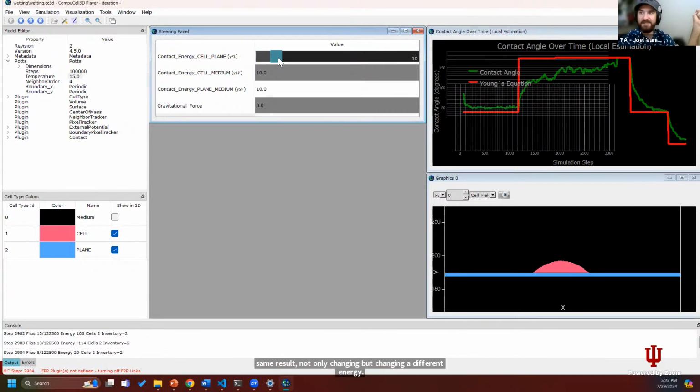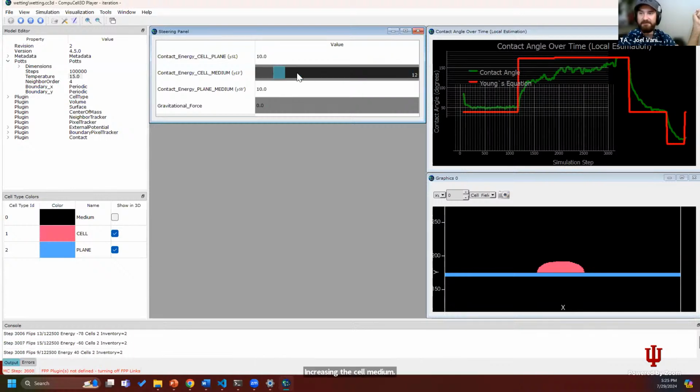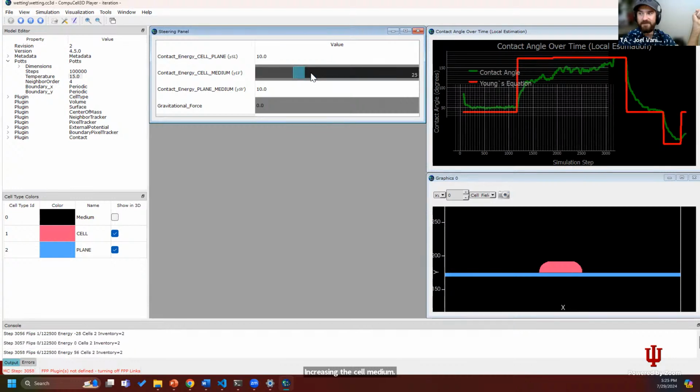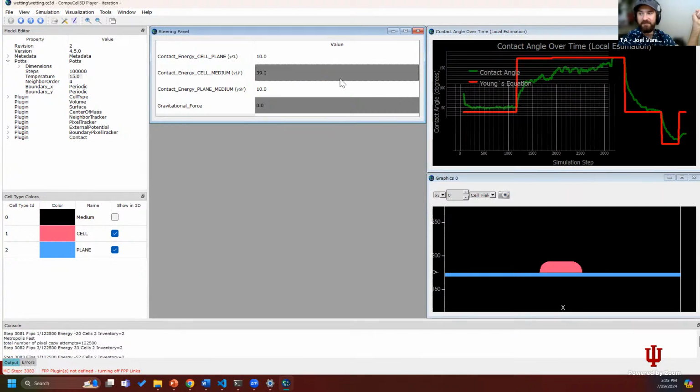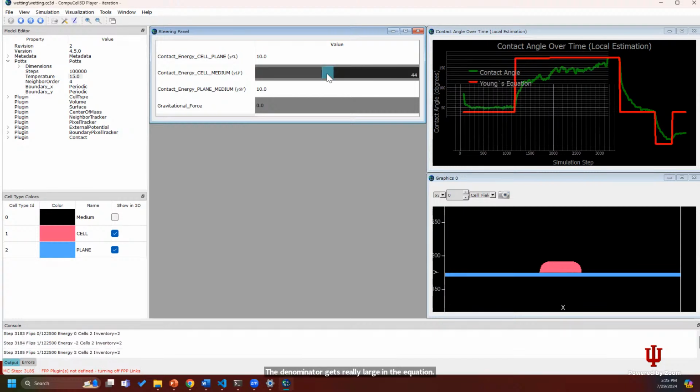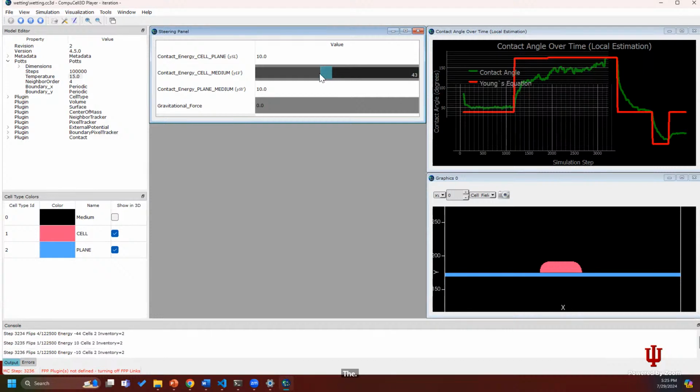If we increase the cell medium, what is going to happen? The denominator gets really large in the equation, and the theta gets smaller. The angle gets smaller.